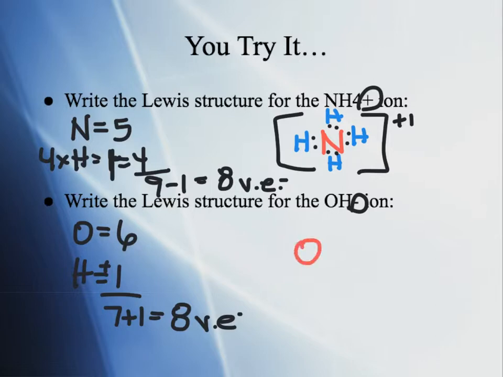All right, so OH is going to look just like this, and we're going to add the 8 dots. 1, 2 to make a bond. And we remember that hydrogen is one of the little guys that cannot make an octet, so all the rest of the dots go around oxygen. And so oxygen has its octet, hydrogen has its duet. They're both happy, and between the two we've got an extra electron, so we have a negative charge.